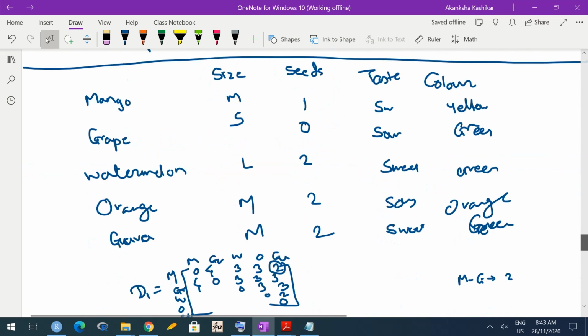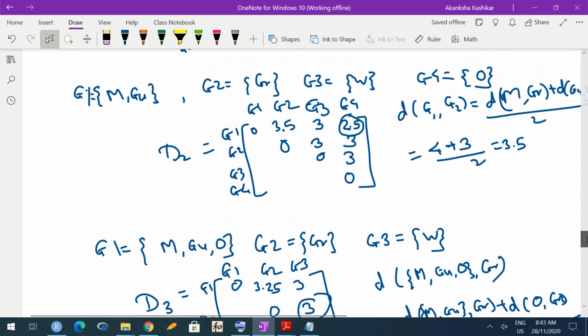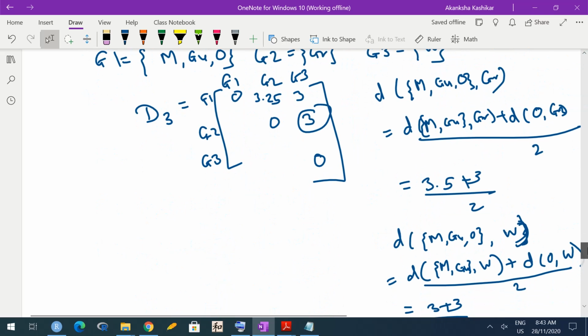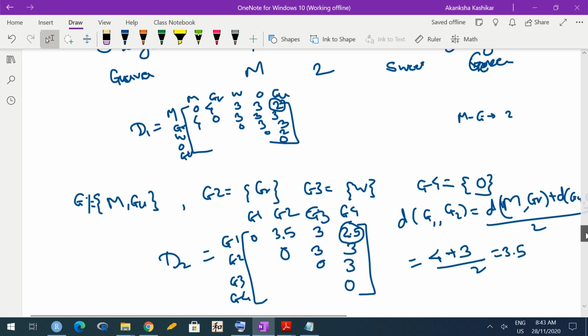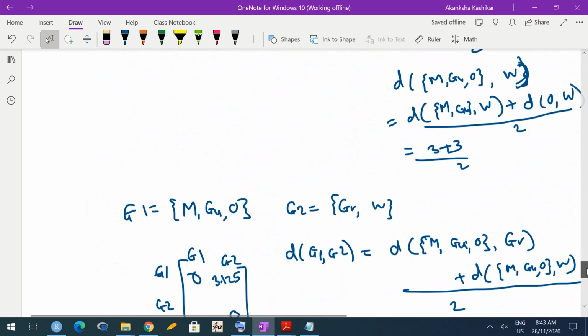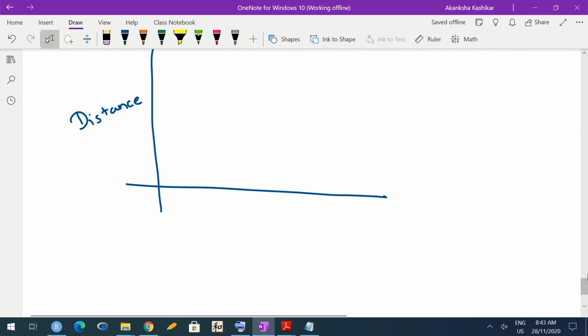So the very first group that was formed was mango and guava, then orange got joined to it, right? So let me write that way. So first we have mango, then guava, then orange, and then watermelon and grape joined to them. So watermelon, grape.